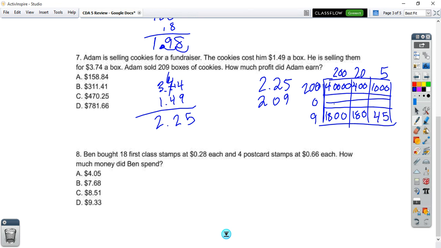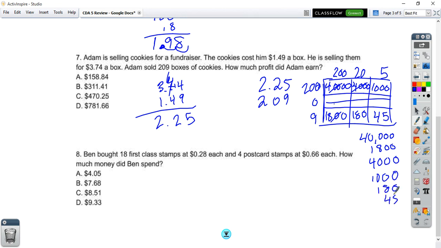So let's go ahead and look. So I have 40,000. And then I have 1,800. And then I have, there's not enough zeros here. 4,000. Use that one. Then I have 1,000. Then I have 180.